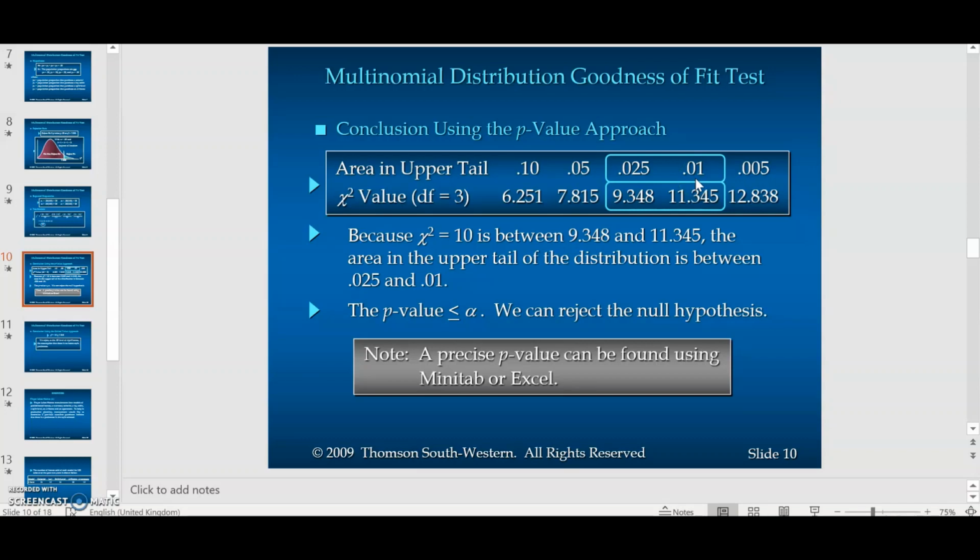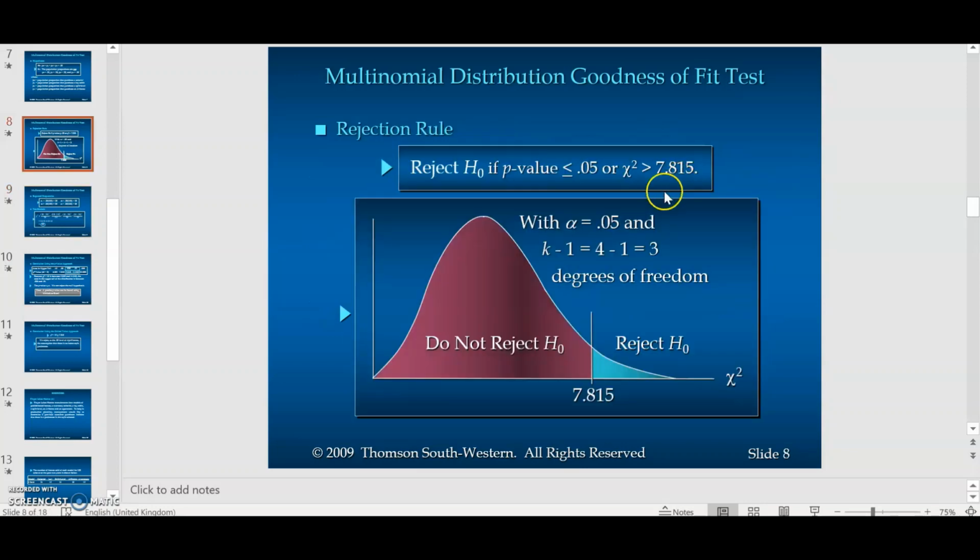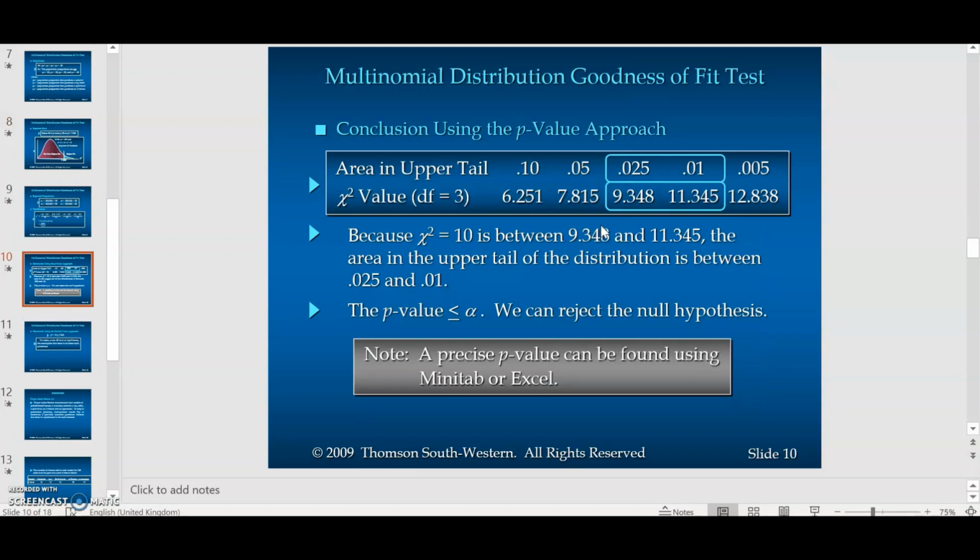We also know that the significance level of the test is equal to 5%, if we refer back to the original question. So this is our significance level, 5%. And we also know that our p-value is between 2.5% and 1%. Thus, we can say that the p-value is smaller than the significance level.